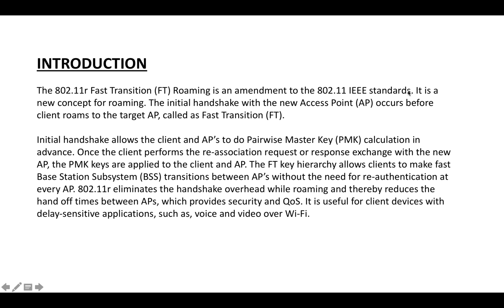So, what is 802.11r? This is a roaming technology that was brought up by the IEEE, and it has really taken off because it saves up on the access point handshakes and the roaming times are less.